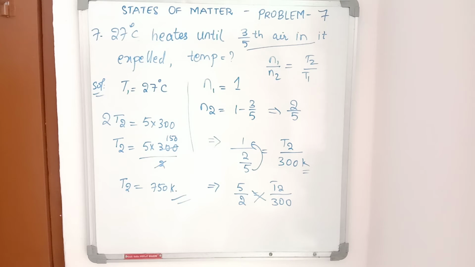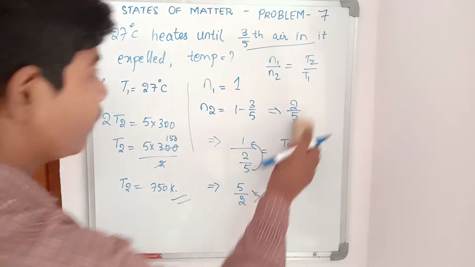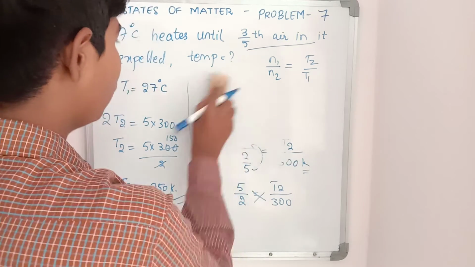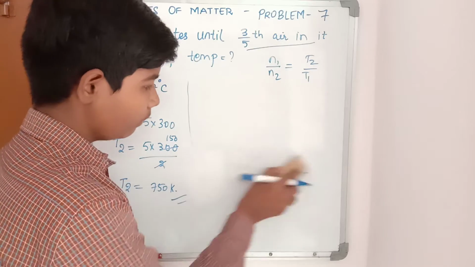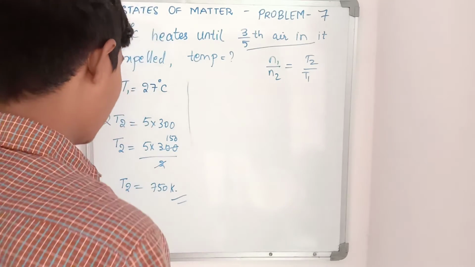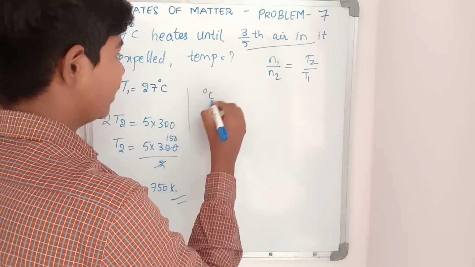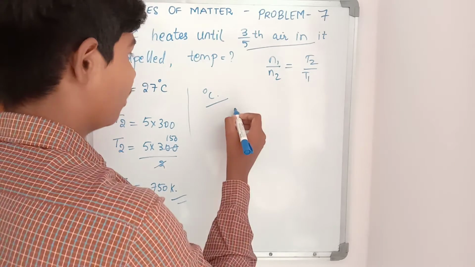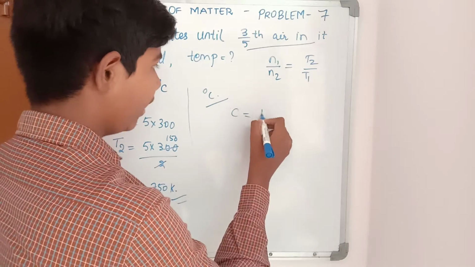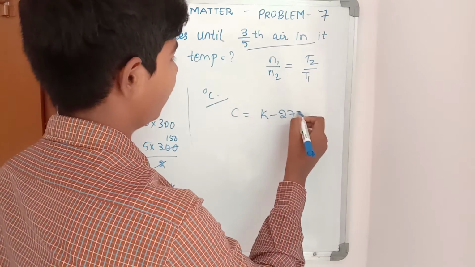If the option is not in Kelvin, we have to convert into degrees Celsius. How to convert? The answer may be 750 Kelvin or in degrees Celsius. In degrees Celsius, C is equal to K minus 273 is the formula we are using.